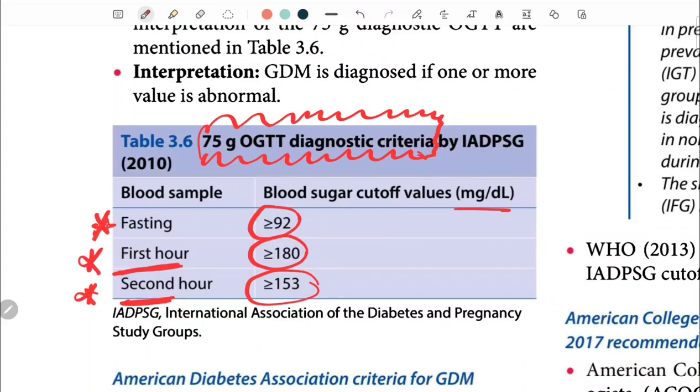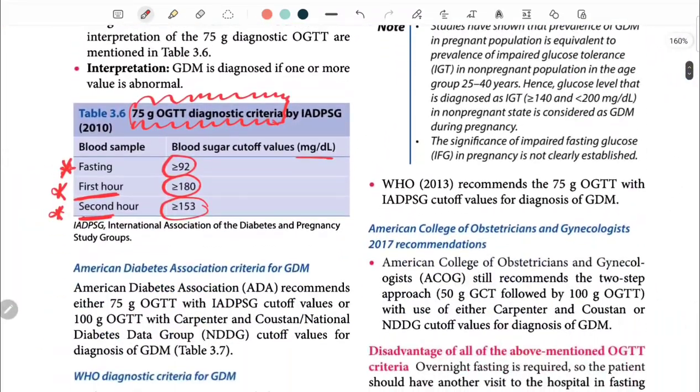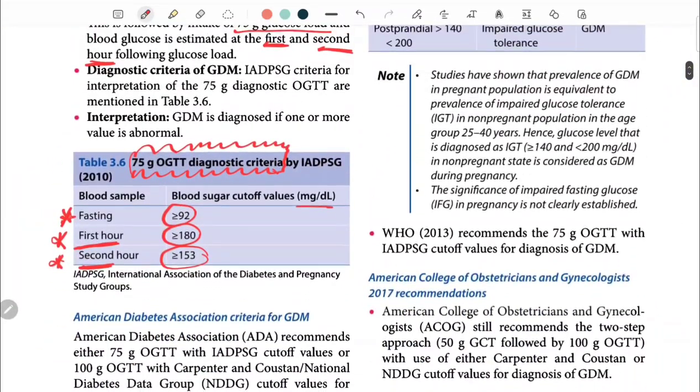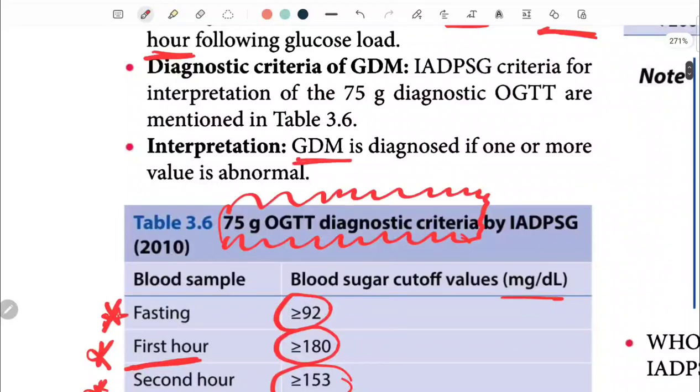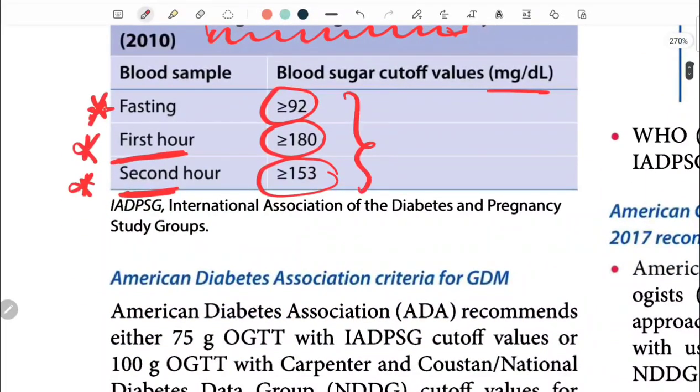This is the cutoff value for the 75 gram OGTT diagnostic criteria by IADPSG. The interpretation is that GDM is diagnosed if one or more values are abnormal. Even if one value is abnormal, you will interpret it as GDM.